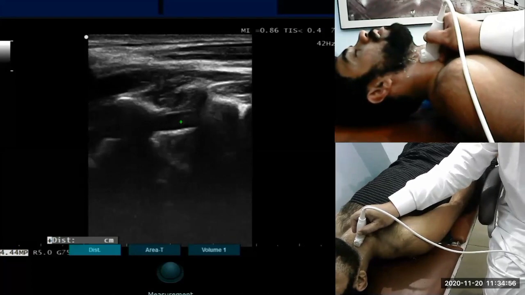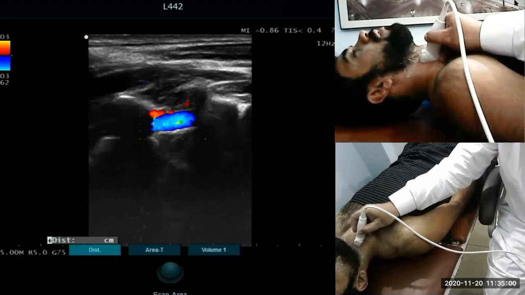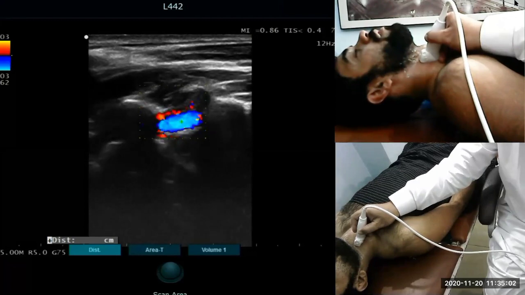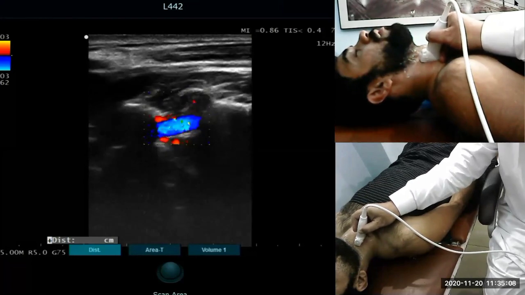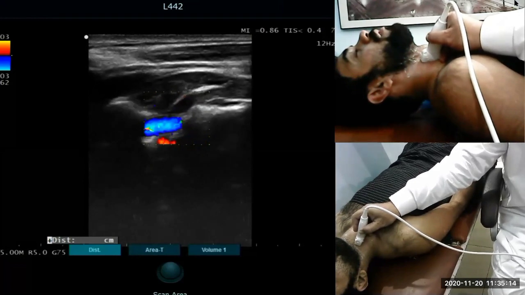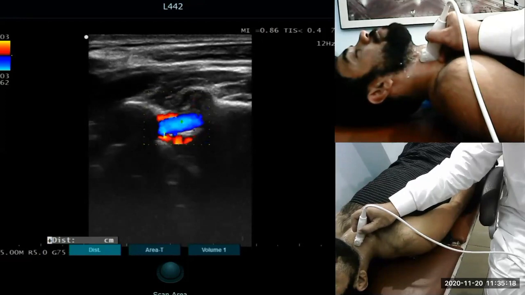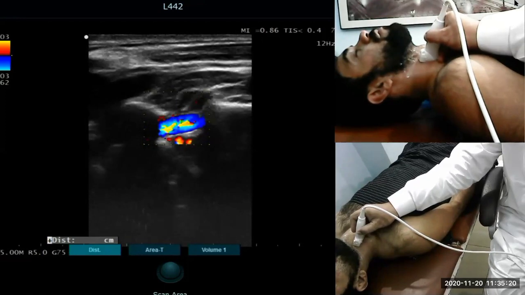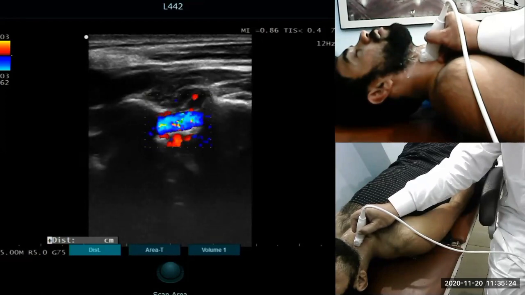Now, I'm going to put color here. It is blue because the blood is going down. It is going down. It is blue.